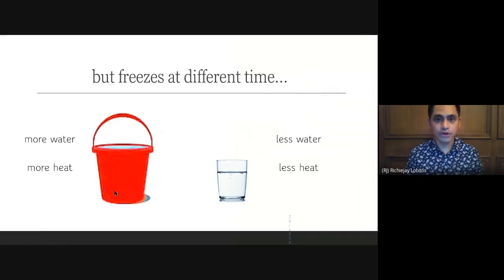With more water, they have a lot of heat to lose to reach 0 degrees Celsius. With less water, they have less heat to lose to reach 0 degrees Celsius. And therefore, less water freezes faster than more water.